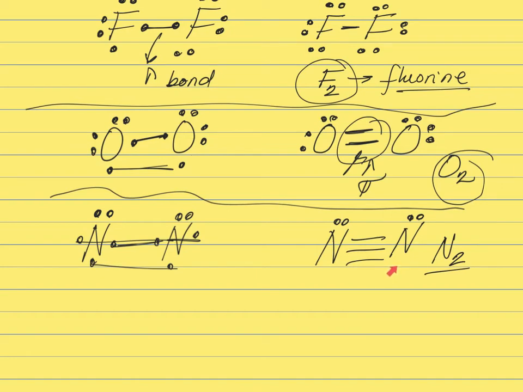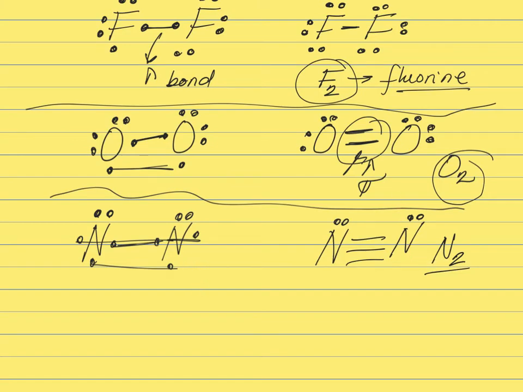So if you have elements that have only one electron to share, there's a high probability that it's going to form a single bond. If you have elements that have 2 electrons to share, high probability that they're going to form double bonds. Okay? And if you have elements that have 3 electrons to share, then it's a high probability that they form a triple bond.